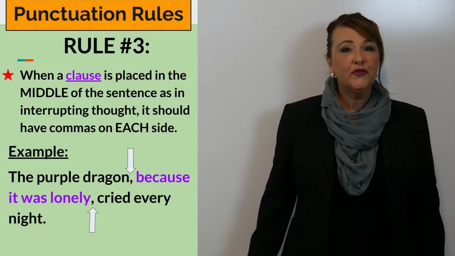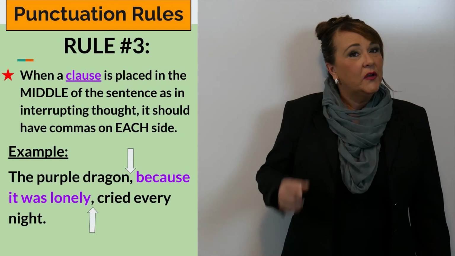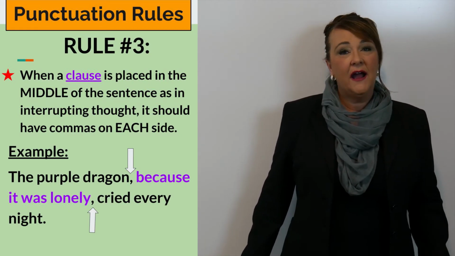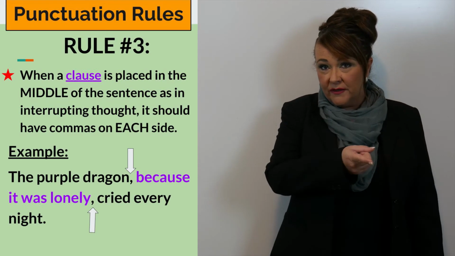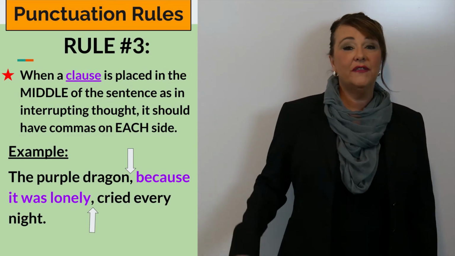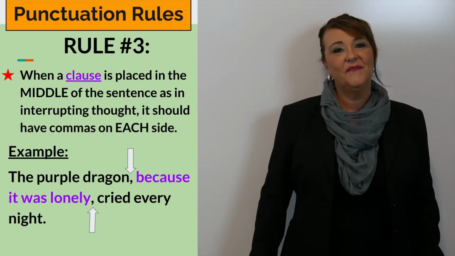The purple dragon, because it was lonely, cried every night. Did you see how it started with a comma and ended with a comma because that clause was in the middle of the sentence?